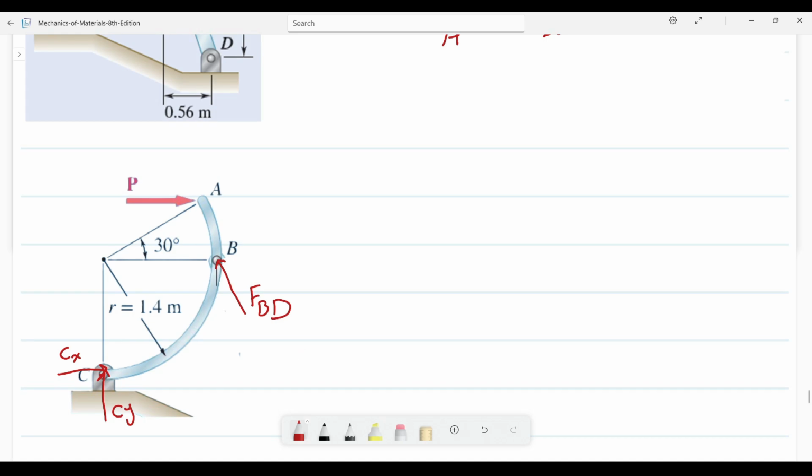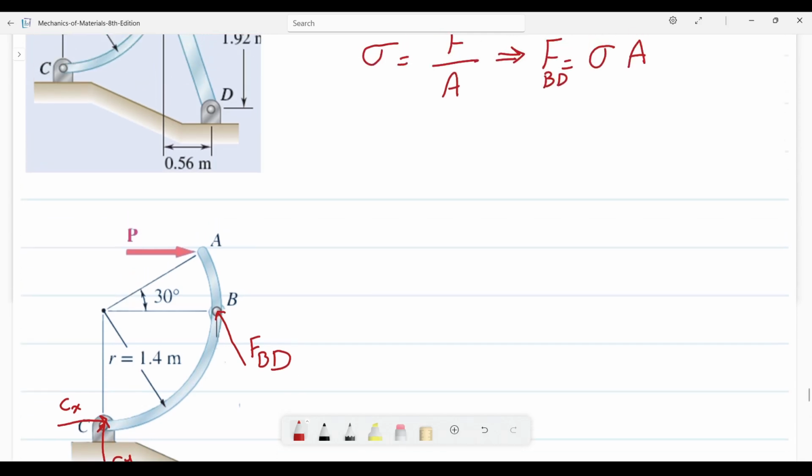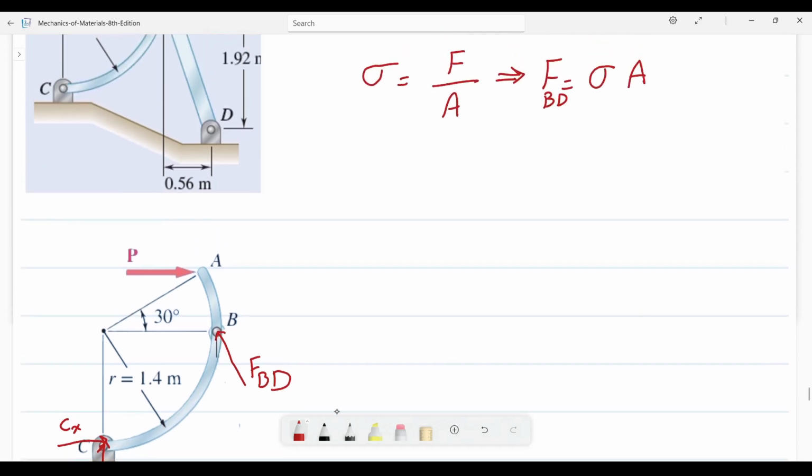Let's use the formula we wrote earlier to find FBD here.